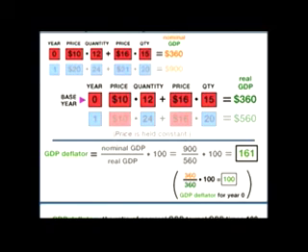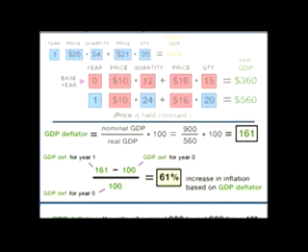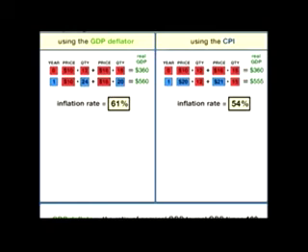So subtract 100 from 122 and divide by 100, and that's going to give us an inflation rate of 22%. So using the GDP deflator method, we get an inflation rate of 22%.